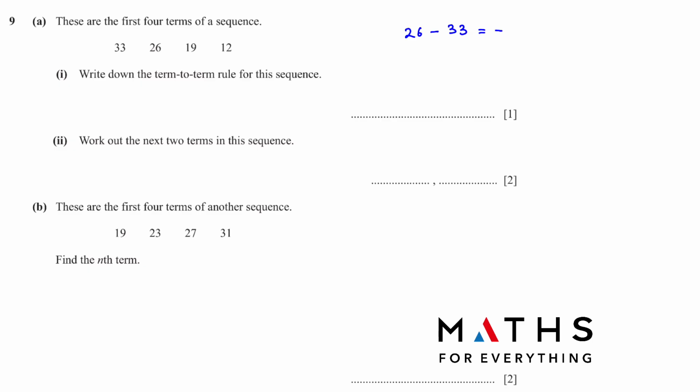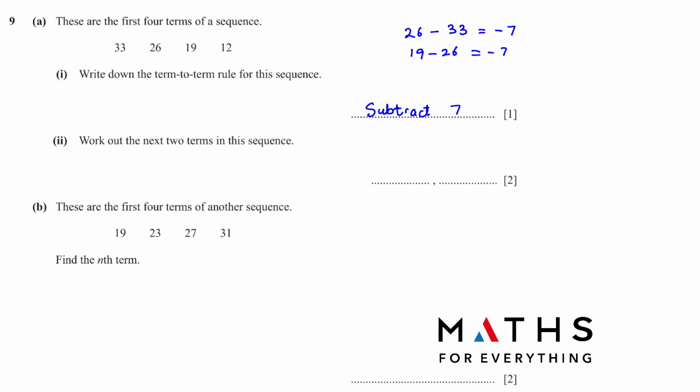That will give you negative 7. So check for the other numbers also. 19 minus 26 will also give you negative 7. So what is the term-to-term rule for this sequence? To get the next value, we subtract 7 from the value that we have.